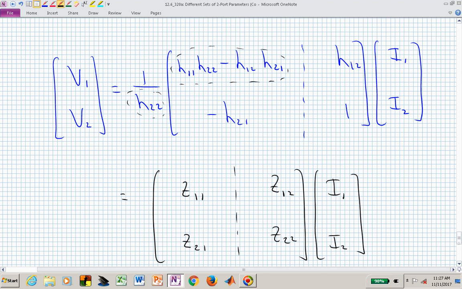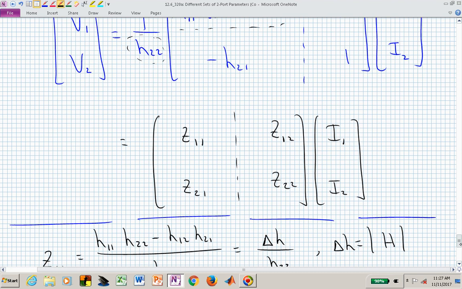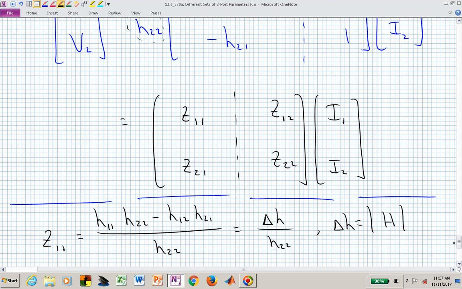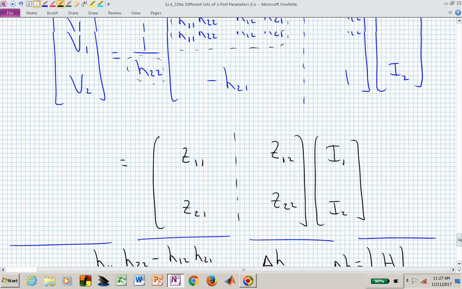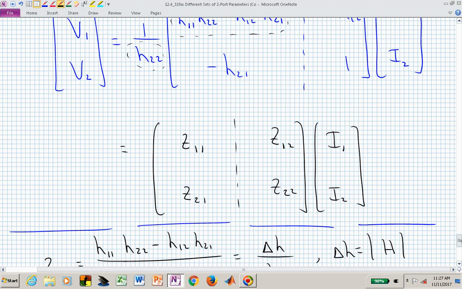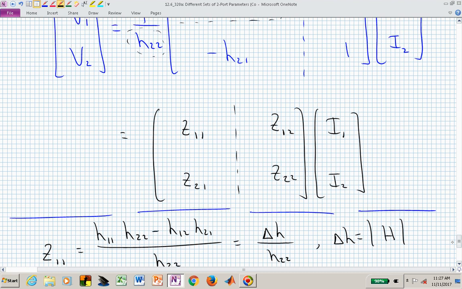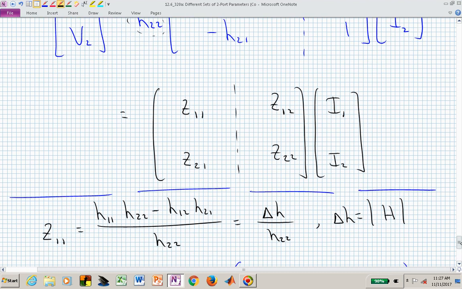But here we have Z11, Z12, Z21, and Z22 immediately written in terms of the H parameters. And that's all I'm doing here. I'm saying Z11 is this numerator divided by H22, and that numerator is just the determinant of this H matrix, the H matrix being this matrix of the 4 H parameters, divided by H22.